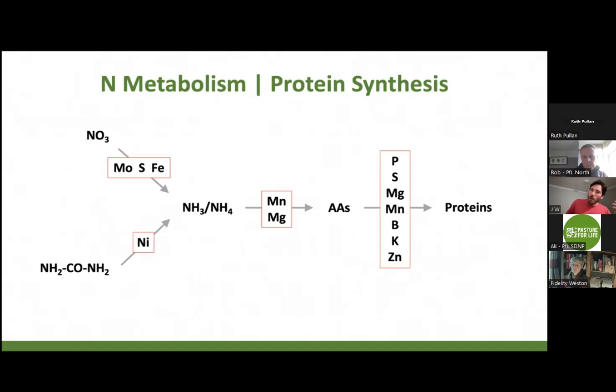It actually requires these other essential nutrients, particularly a lot of trace minerals you can see there, and some other macro minerals, which are involved in working with that nitrogen, helping to convert that nitrogen into these original forms that are taken up and onwards into the much more useful and functional forms like amino acids and beyond into those proteins. So this is the point to emphasize the importance of plant nutrition.